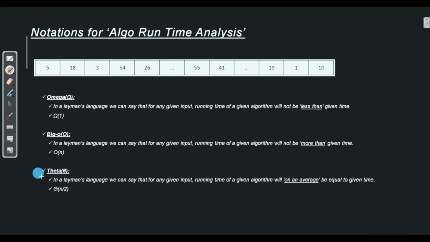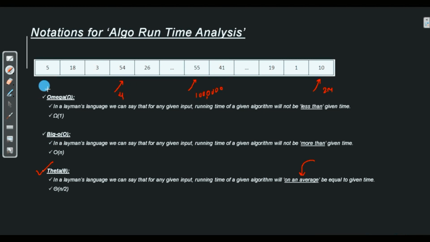Now the third notation was the theta notation. If you remember, we said that theta notation basically gives us the average time complexity. So let's say sometime we want to find value 54, it might take 4 units of time. Sometime we might find number 55, it might take, let's say, 1 million units of time. At other times, let's say we want to find number 10, this might take 2 million units of time.